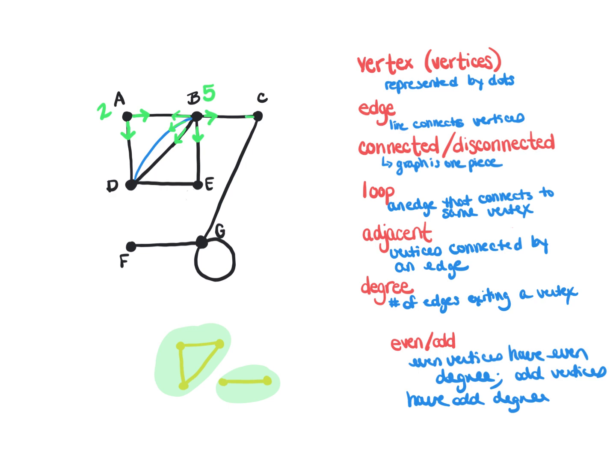For C, again, we can go toward B or we can go toward G, so degree 2. For D, there are 4 edges leading away, 1, 2, 3, 4, so the degree is 4. And for E, the degree is 2. For F, since there's just one edge leading away, the degree of F is 1.